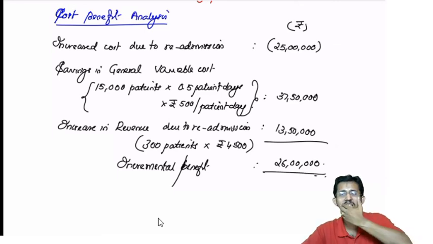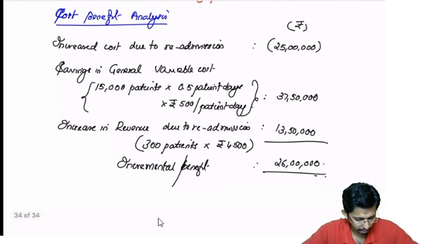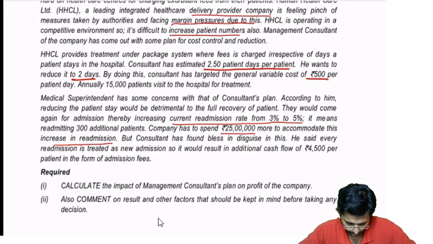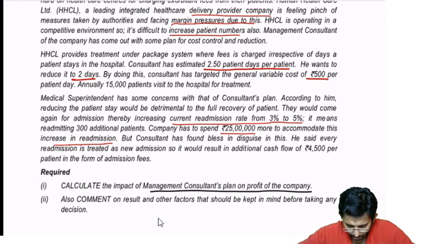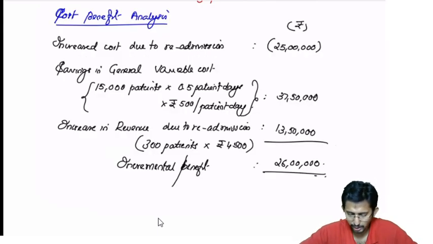Okay, so what is your comment on this? What is the question here? Question is to calculate the impact of management on the profit of the company. Also comment on the result and other factors that should be kept in mind before taking any decisions. Purely from financial perspective, the profits will go up by 26 lakhs.